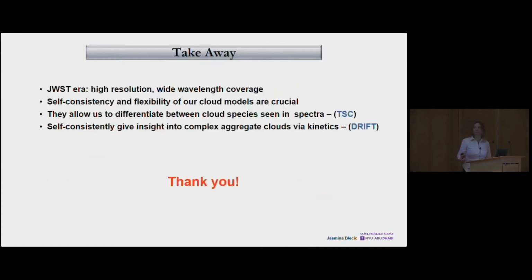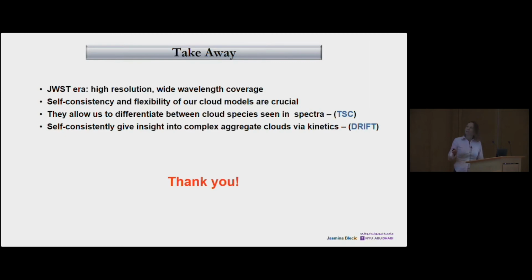So as a takeaway message, I just want to point out the importance of different cloud models that we should have for the JWST era, which is going to have higher resolution and wider wavelength coverage. The importance of the flexibility of our models, so we can actually cover different features in our clouds.